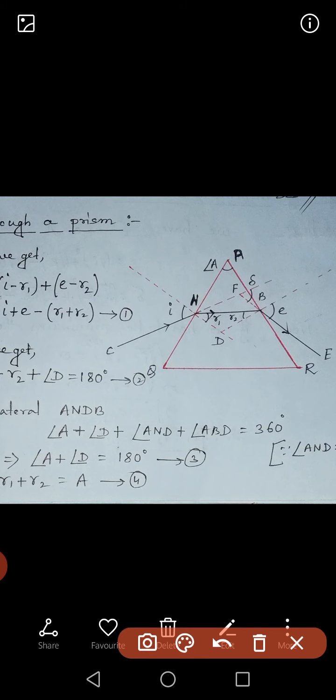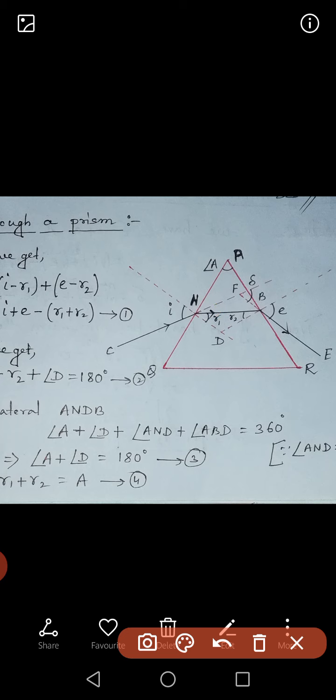First of all, we start with triangle FHB. In this triangle, which one is the exterior angle? Delta is the exterior angle, and the other two are interior angles, this angle and this angle.